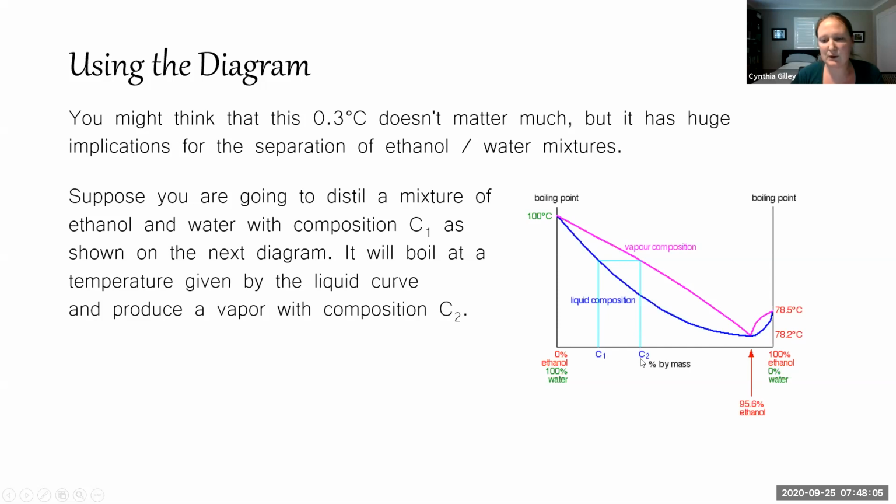If you were to distill that, you would create another theoretical plate, and you would distill mixture C2, collect the vapor above the liquid, and it would have composition C3, and so on. Eventually it reaches this point, at 95.6% ethanol, and cannot go any further.